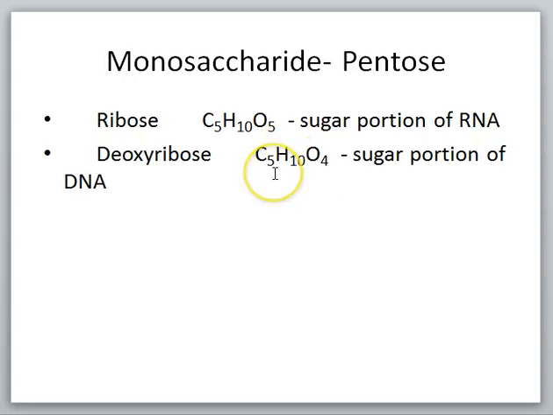It's still a carbohydrate. This is the sugar portion of DNA. So ribose, sugar portion of RNA, deoxyribose, sugar portion of DNA. These pentose or 5-carbon sugars are associated with the genetic materials.